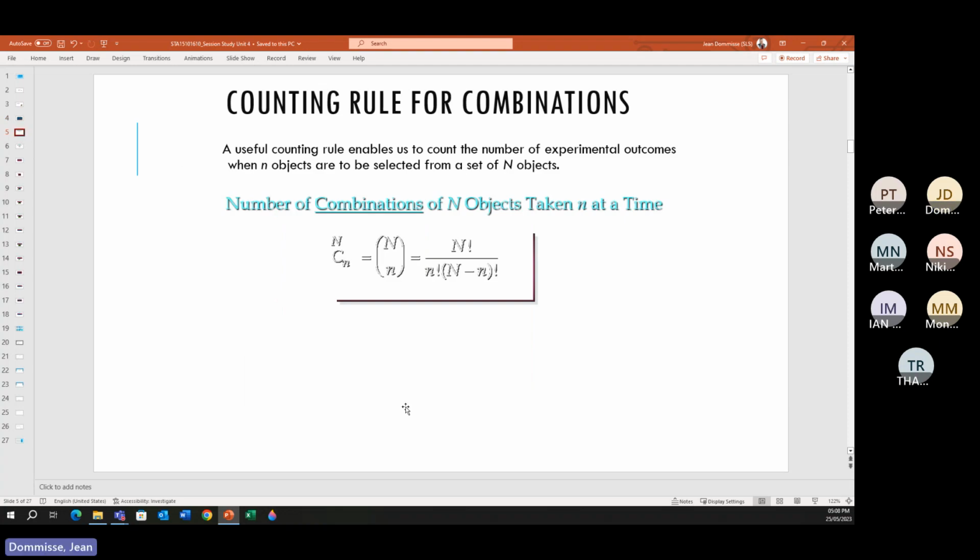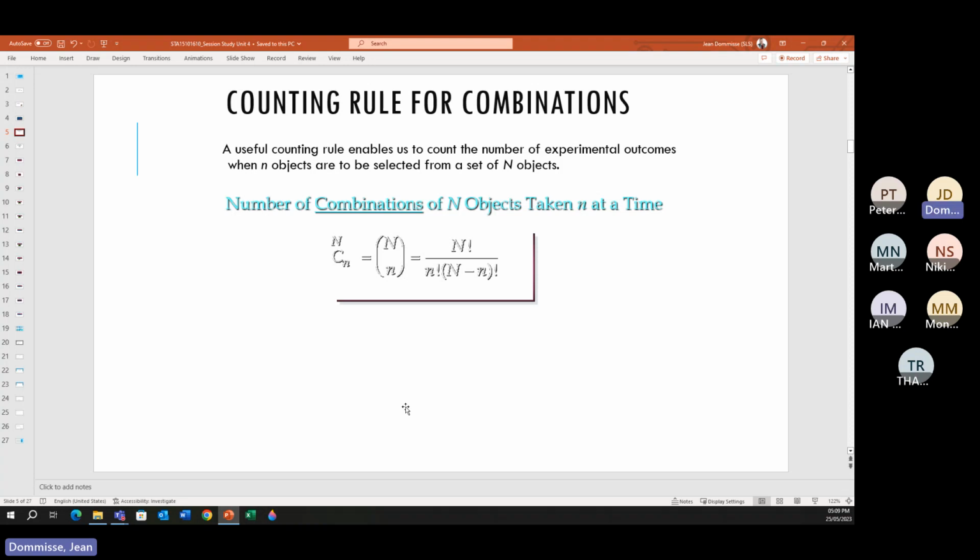But the other thing that you will see in this chapter is two other ways to measure some type of probability. The one is looking at combinations.